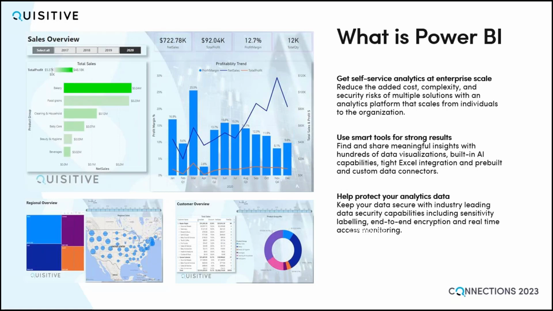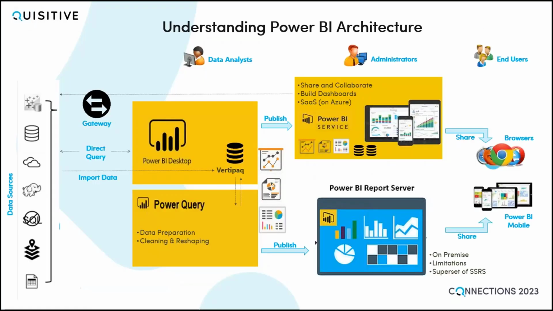The next thing I would like to share is the Power BI architecture. In this particular slide, we can see the whole Power BI ecosystem. The first bucket here is really where the data analyst sits.